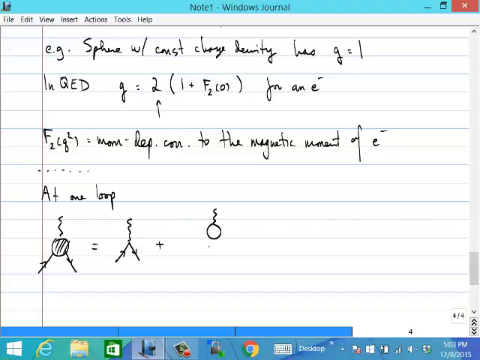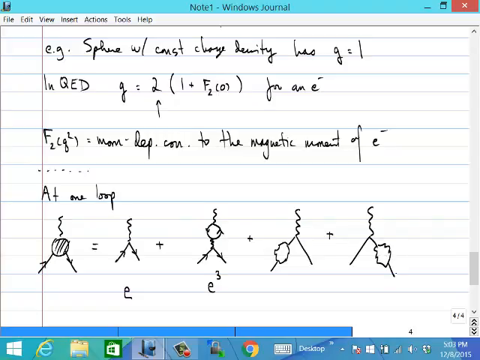So we're adding interactions. You could add an interaction that looks like this. That's one interaction that you could add. This one here is proportional to e, and this one is proportional to e cubed, because I've added two more interaction vertices. You could also have a loop correction that looks like that, or a correction that looks like that.